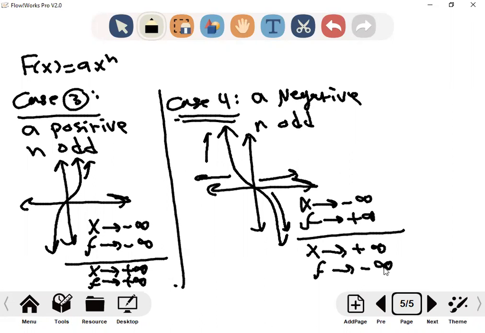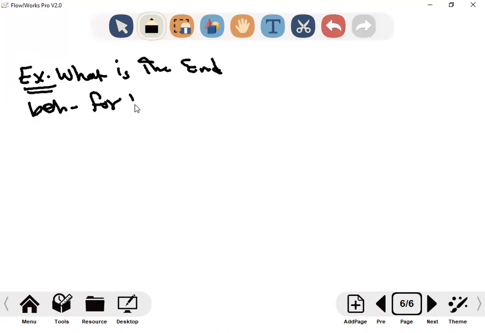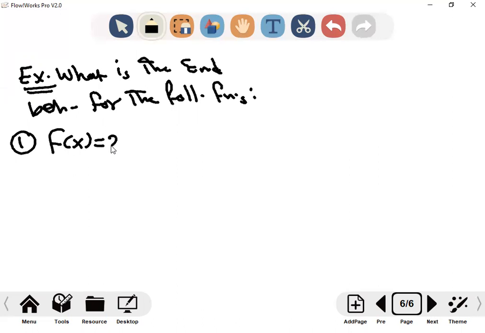Now, how will I ask you about these 4 cases? For example, what is the end behavior for the following functions? First function, for example, f of x equals 2x power 5.